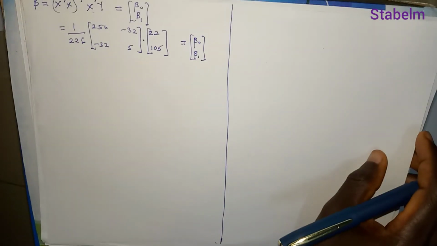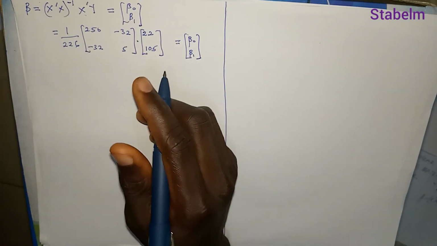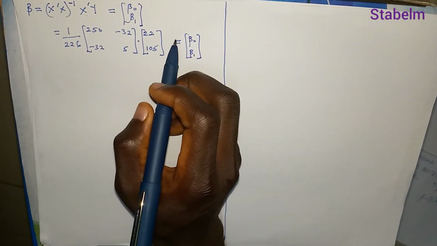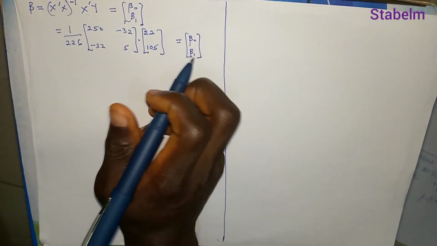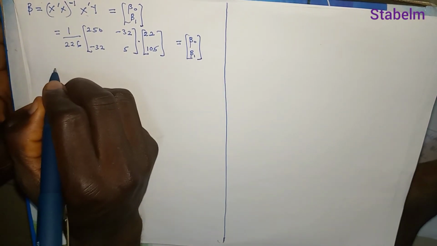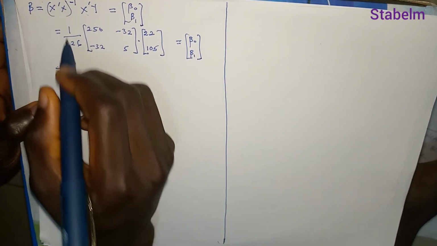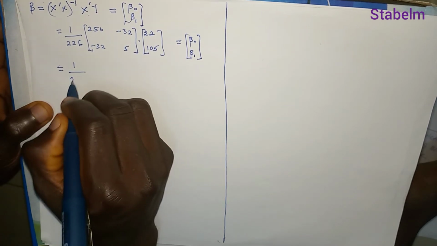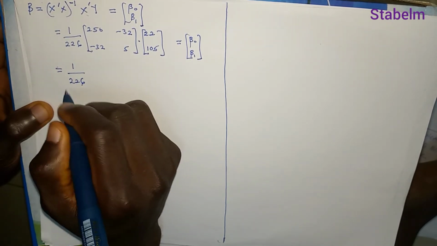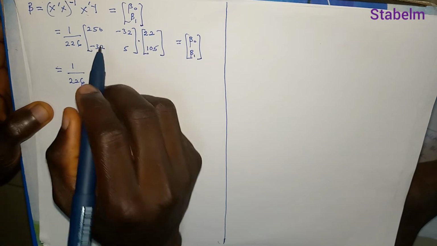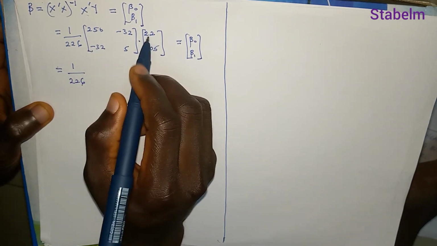Alright, so now we're going to multiply this by this. After multiplying that, this is going to give us, we still have 1 over 226 in here. Now we need to multiply this matrix by this matrix.